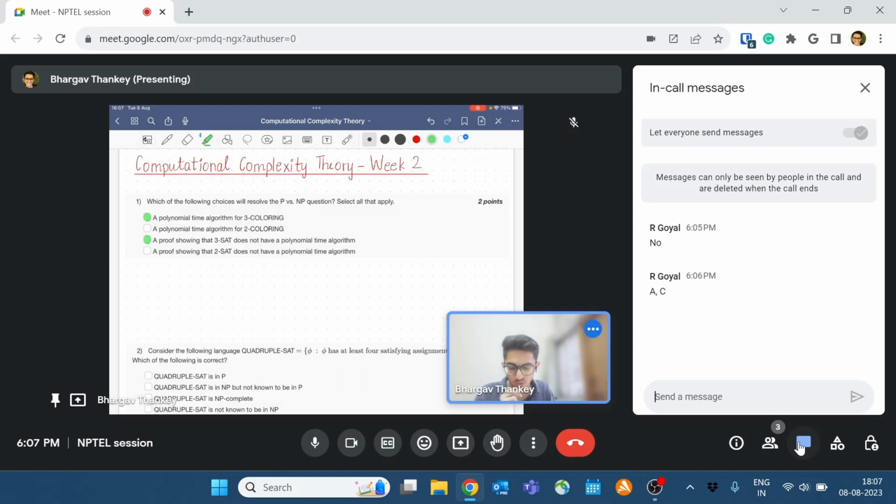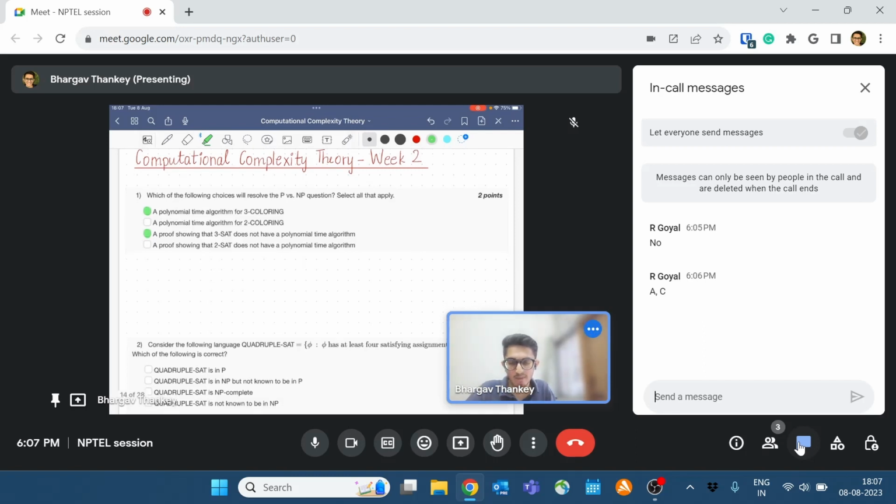On the other hand, a proof showing that 3SAT does not have a polynomial time algorithm would mean that there exists at least one problem in NP for which we do not have a polynomial time algorithm. That is, there exists a problem in NP which is not in P, and so P does not equal NP. So A and C would work.